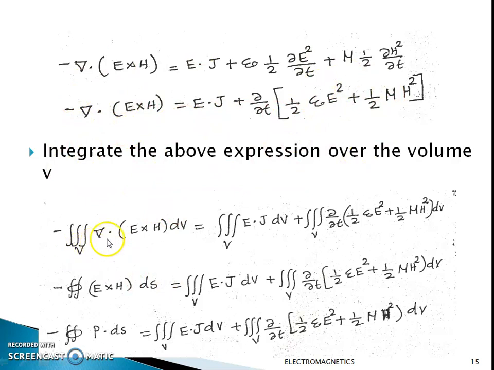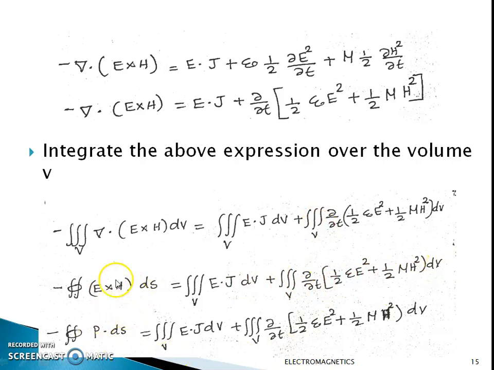So volume integral del dot E cross H dV is equal to volume integral E dot J dV plus volume integral dou by dou T of half epsilon E square plus half mu H square dV. So we know this value is equal to the surface integral E cross H ds. So minus surface integral E cross H ds is equal to volume integral E dot J dV plus volume integral dou by dou T half epsilon E square plus half mu H square dV.